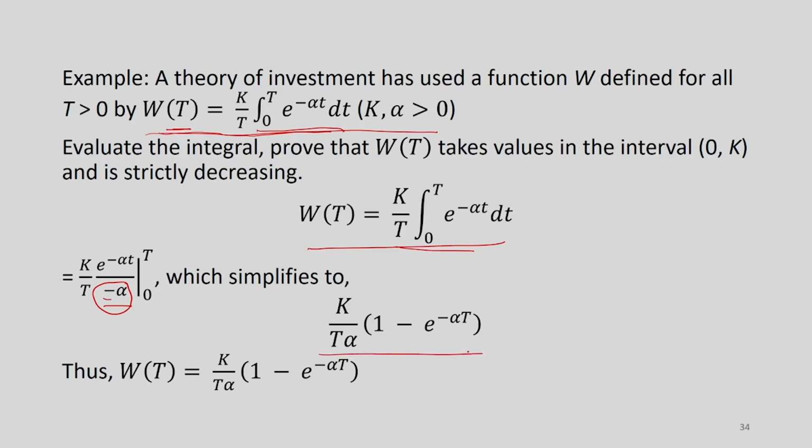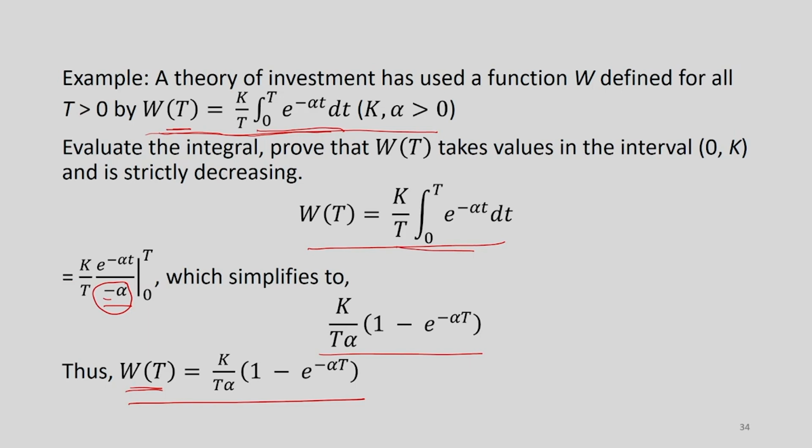So, this basically boils down to capital K divided by capital T multiplied by alpha, multiplied by 1 minus e to the power minus alpha capital T. As you can see, this expression is a function of capital T. That's why you have W as a function of capital T on the left hand side. So, the first part is done.